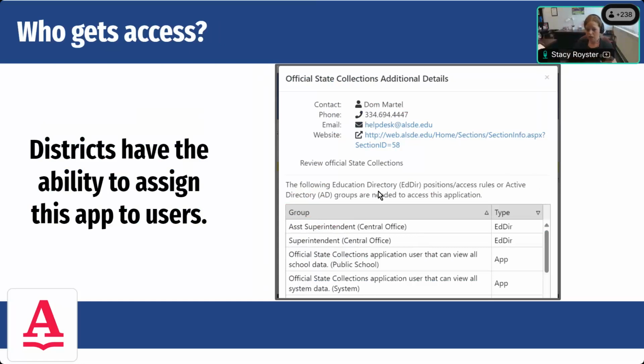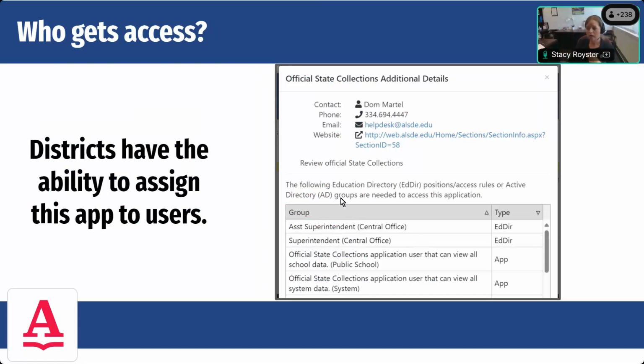Anybody who in the education directory is listed as an assistant superintendent or a superintendent will have this tile automatically assigned to them. Anybody outside of those two group markings in the education directory can be granted access to this tile by giving them the app access permission. So when you go into education directory, there's staff positions and then there's application permissions.